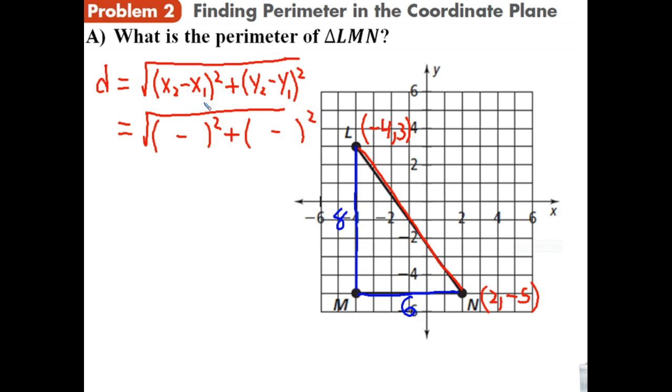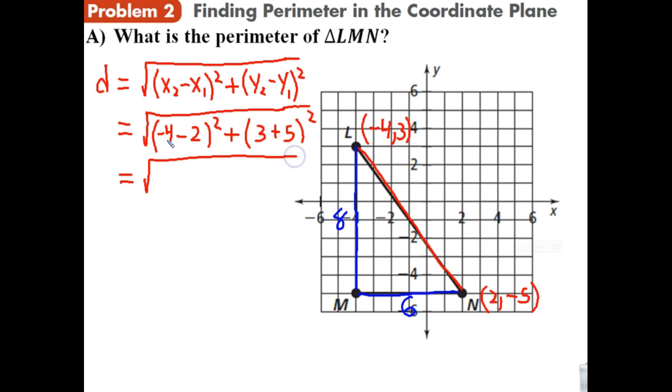So x2 minus x1, subtract the x's, order doesn't matter. So we'll say -4 minus 2. And then in the same order, subtract the y's, y2 minus y1. So we'll say 3 minus a negative 5. So in other words, 3 plus 5. And then we can just reduce that down.